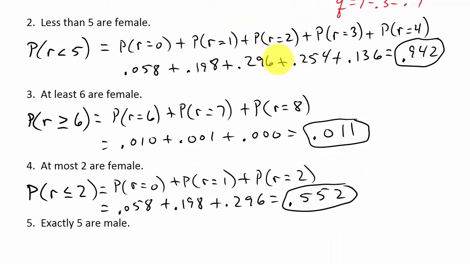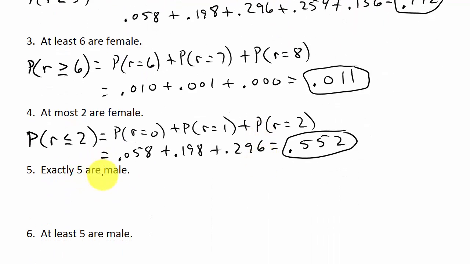Okay, so when it says that are male, now the probability of success is a male. So if the probability that it's female is 0.3, then the probability that it's a male is 1 minus 0.3, which is 0.7. So now p becomes 0.7. Okay? Because our probability of success has changed from female to male.